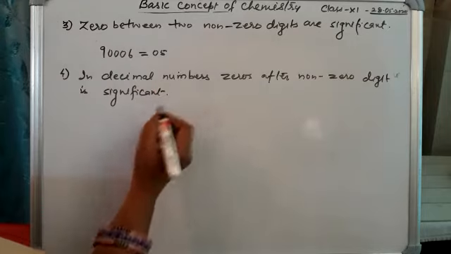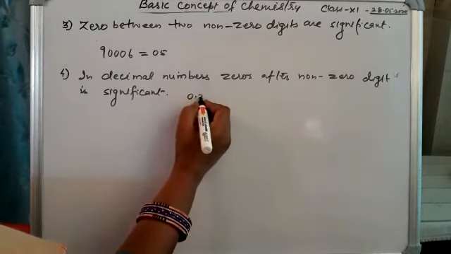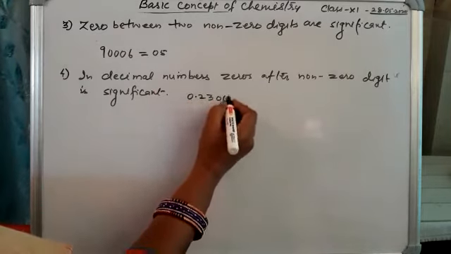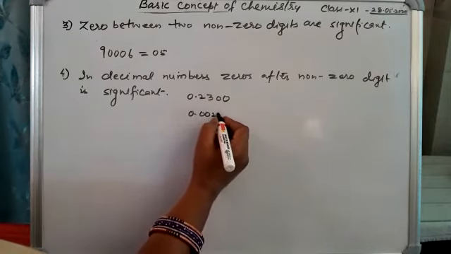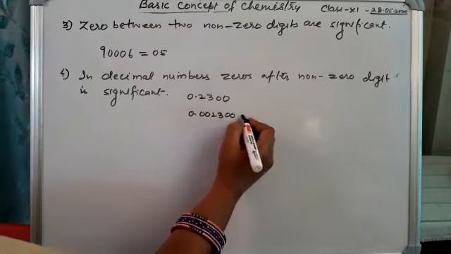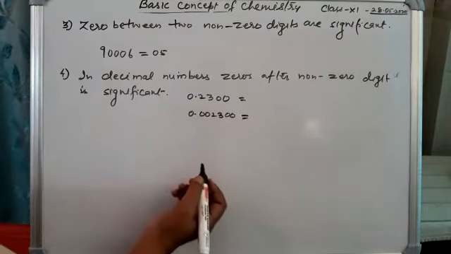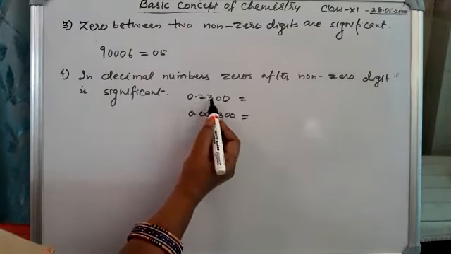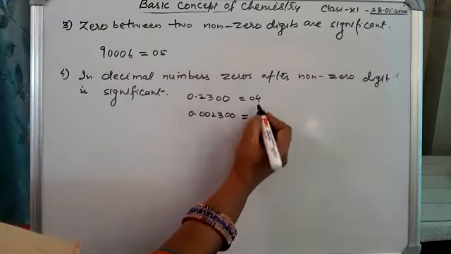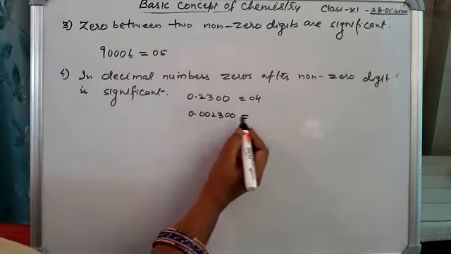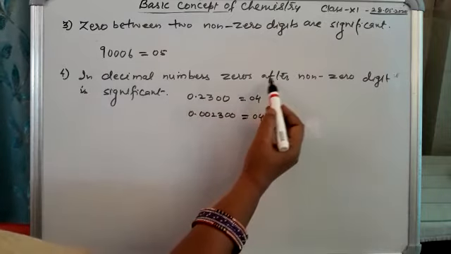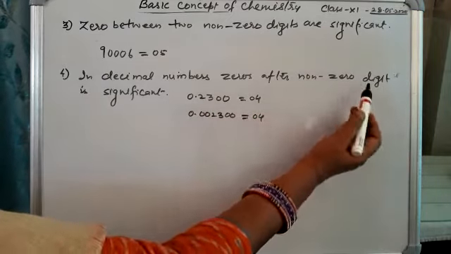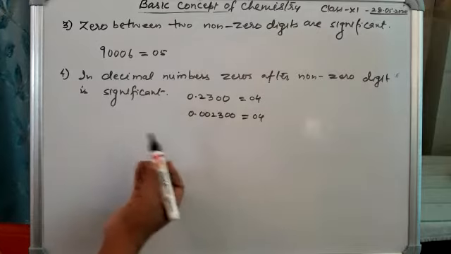For example, 0.2300 and 0.002300. How many significant figures are present? There are 1, 2, 3, 4 only, and here also 1, 2, 3, 4 only, because in a decimal number zeros after a non-zero digit are significant.